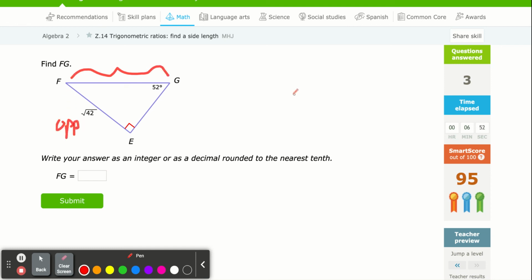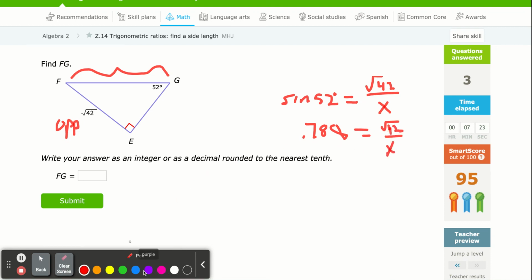So again, I'm going to be using the sine of 52 degrees, which I'll use a calculator to do, equals the square root of 42 over the hypotenuse, length x. On my calculator, I take the sine of 52 degrees and find out that it's 0.788, equals that square root of 42 over x.